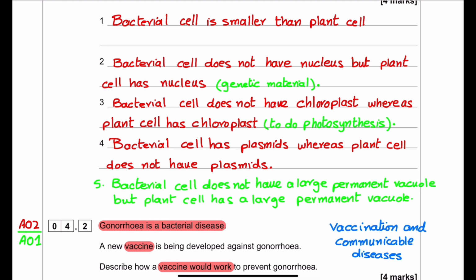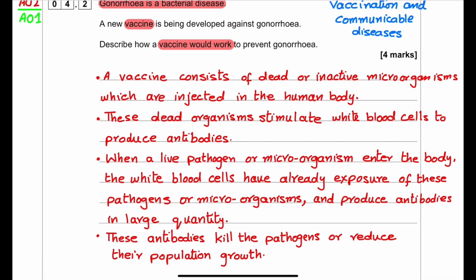Let's see the model answer. The model answer is a vaccine consists of dead or inactive microorganisms which are injected in the human body. These dead organisms stimulate white blood cells to produce antibodies.